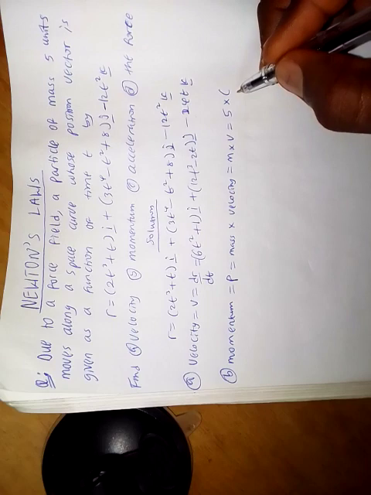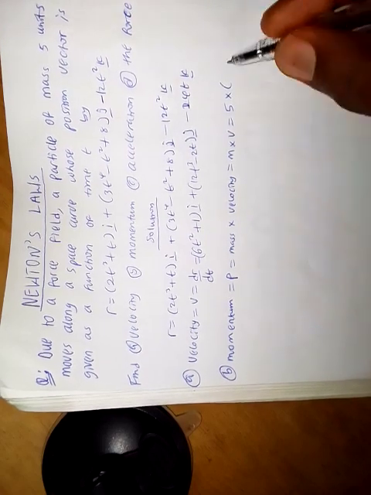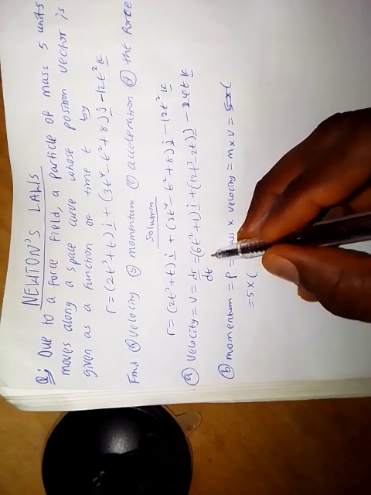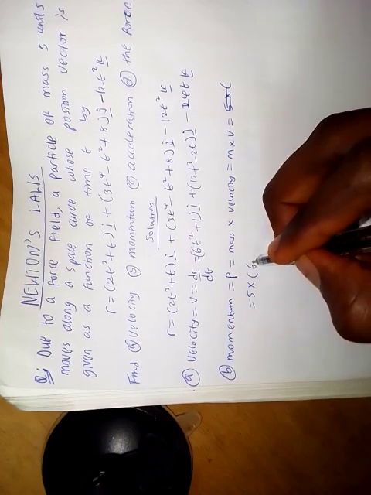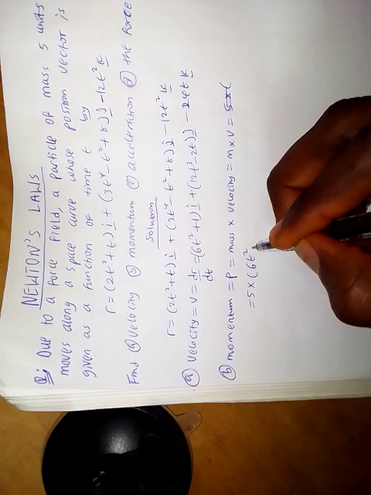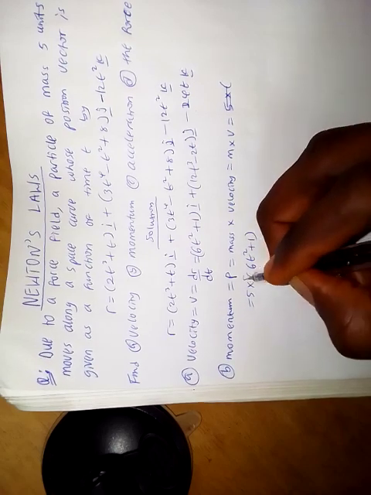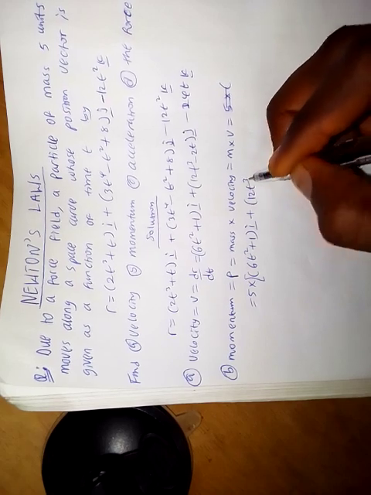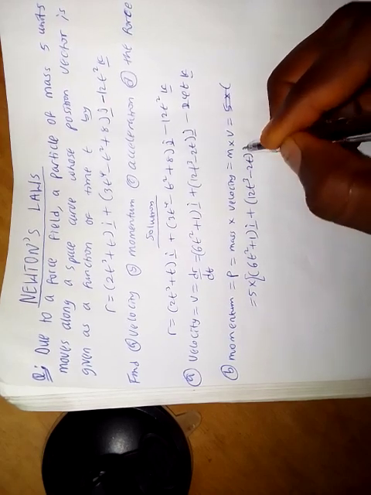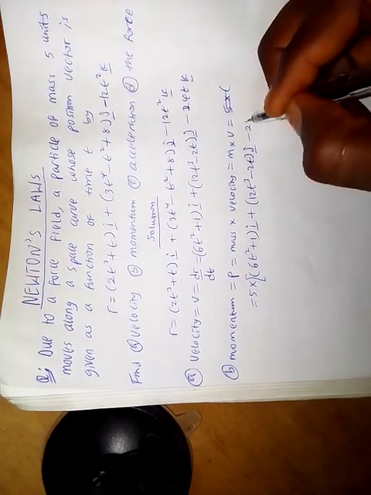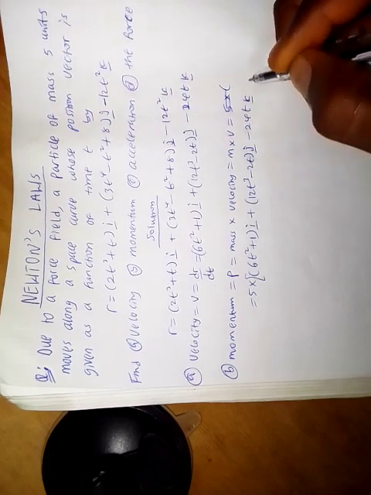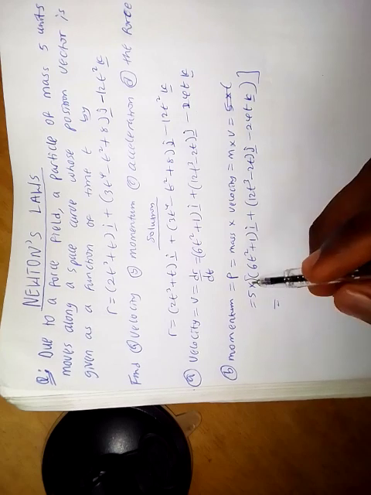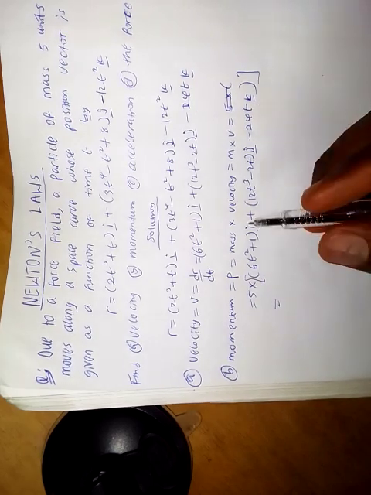Let me write it here so that it will be clear. So we have 5 times our velocity, which is (6t squared plus 1) i plus (12t cubed minus 2t) j minus 24t k.